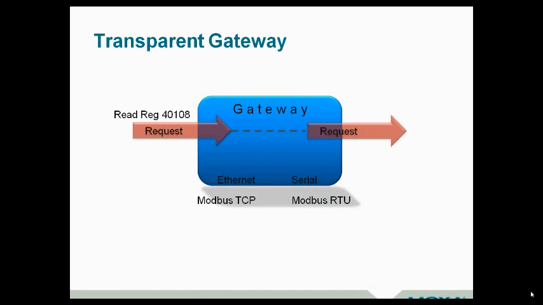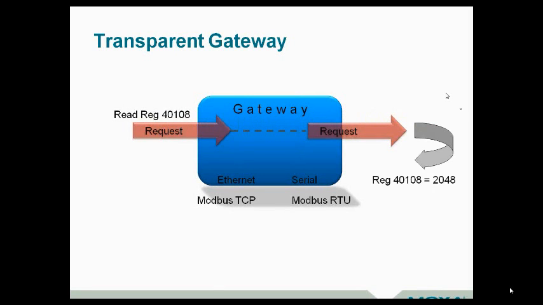So that function of the gateway looks like this, and we call this a transparent gateway because it works like this: you've got the gateway, and it sees a request coming in. That request may be coming from your SCADA system over here, so we're talking about the SCADA host sending the request: let's read register 40,108. It goes through the gateway, does an on-the-fly conversion, and goes out to your attached device out here.